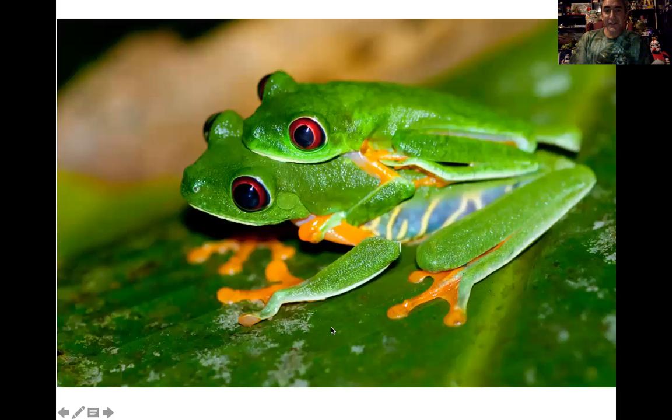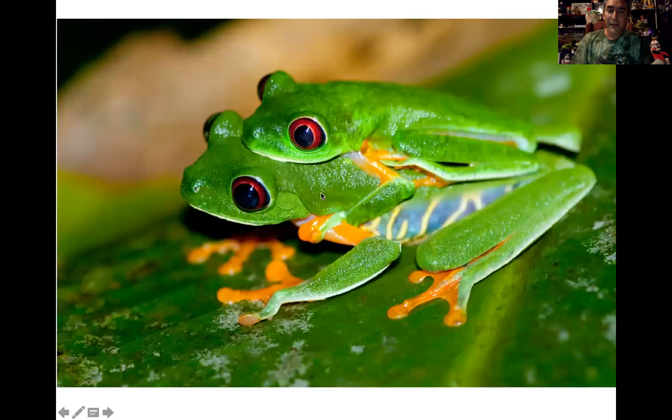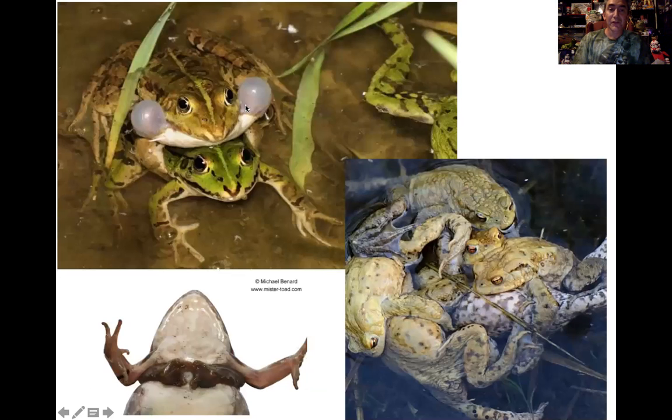The red-eyed tree frogs again, showing you that typical axillary or almost cephalic type of amplexus, the male and then the female. So the male's in amplexus and he's still calling, right? So I guess still not satisfied there, right? But we have this big mating mass of toads trying to amplex whoever comes by, I guess.